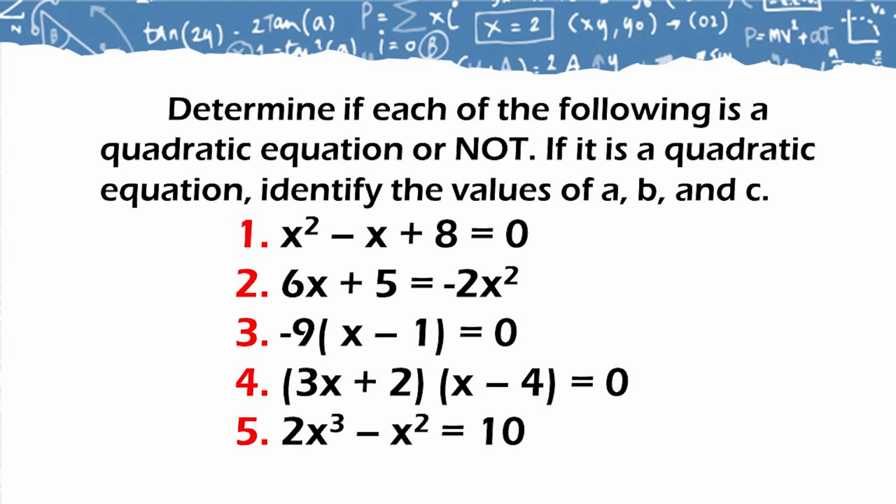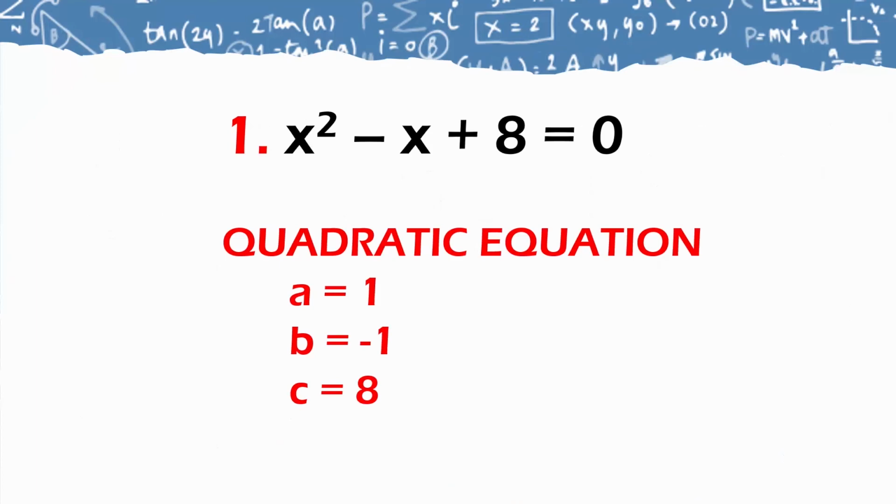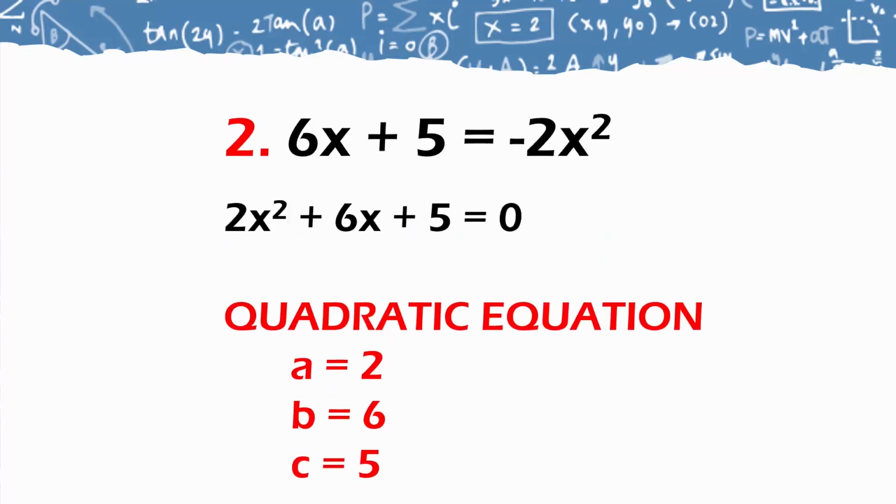Okay, let's check your work. Number 1, this is a quadratic equation where a equals 1, b equals negative 1, and c equals 8. For number 2, that is also a quadratic equation where a equals 2, b equals 6, and c equals 5.